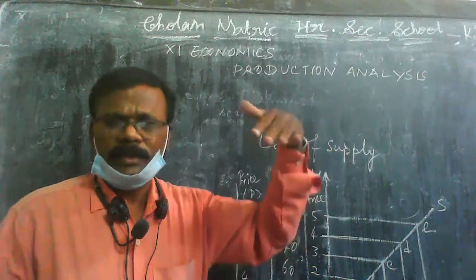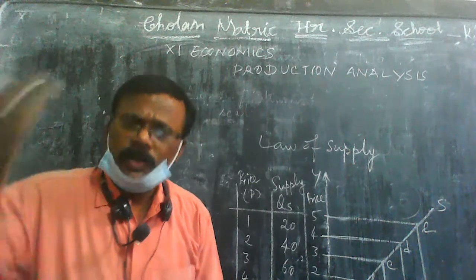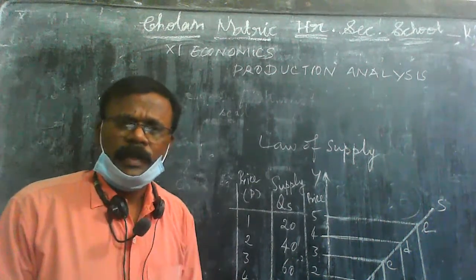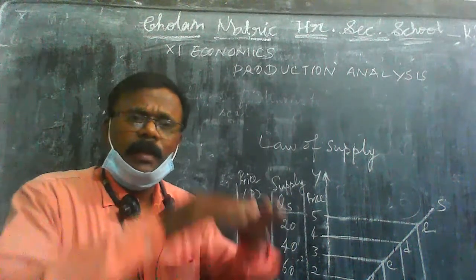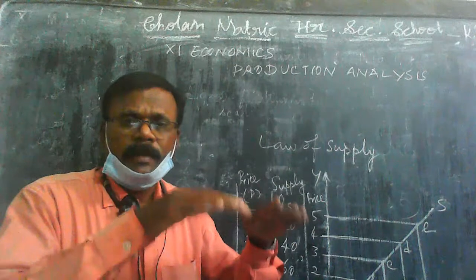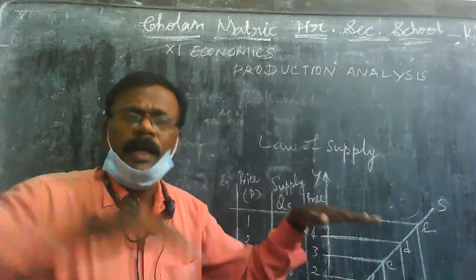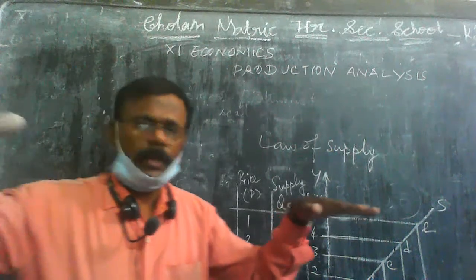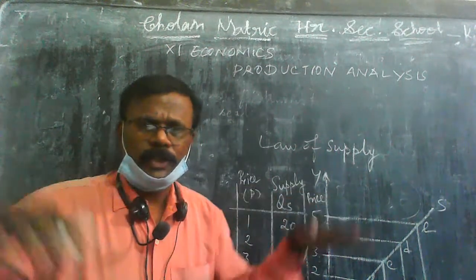When the price decreases, the quantity supplied also decreases. That is why it is shown that there is positive relationship between the price of your good and the supply of that good. Okay, so there is no negative relationship.